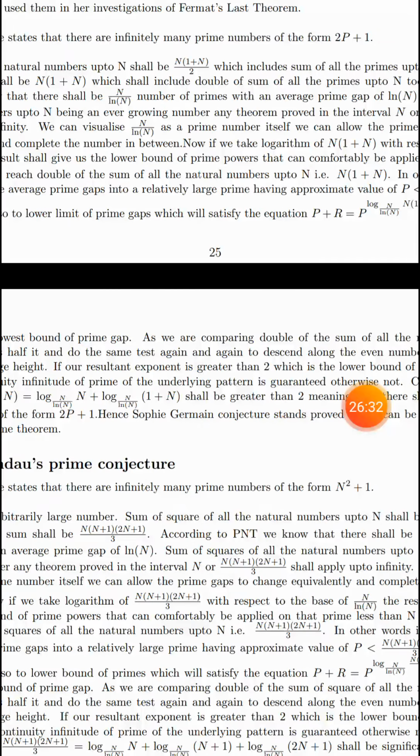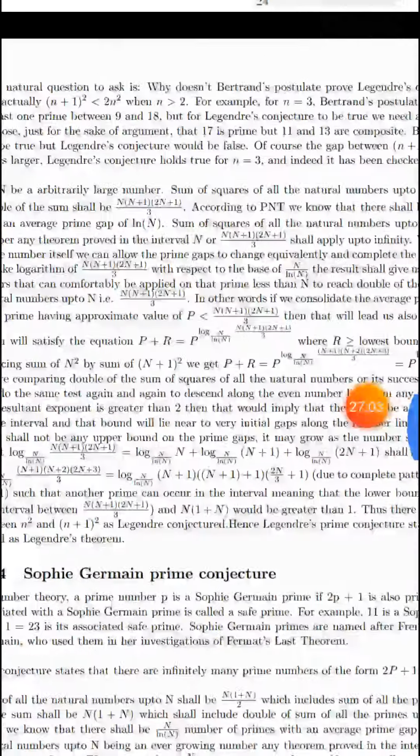Landau's prime conjecture, which talks about the infinitude of primes of the form n square plus 1. Yes, we will be doing the same thing that we did in Legendre's conjecture.